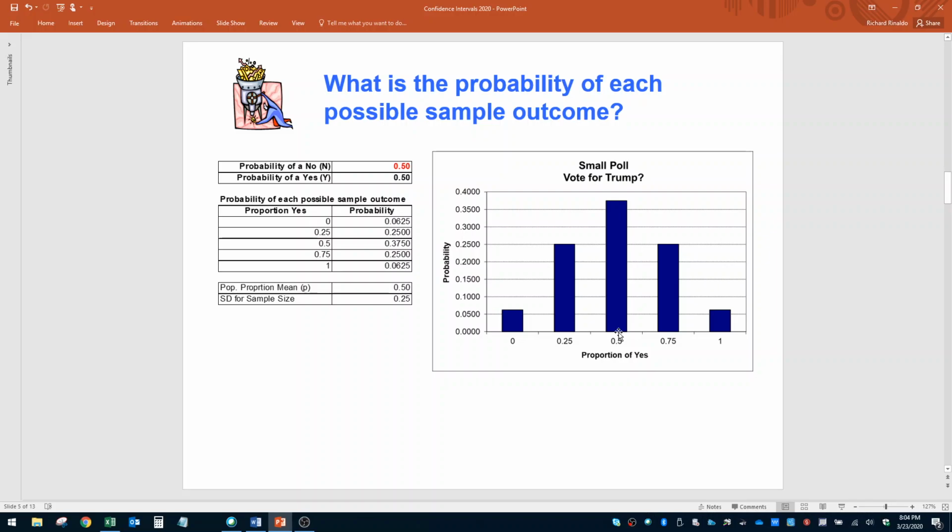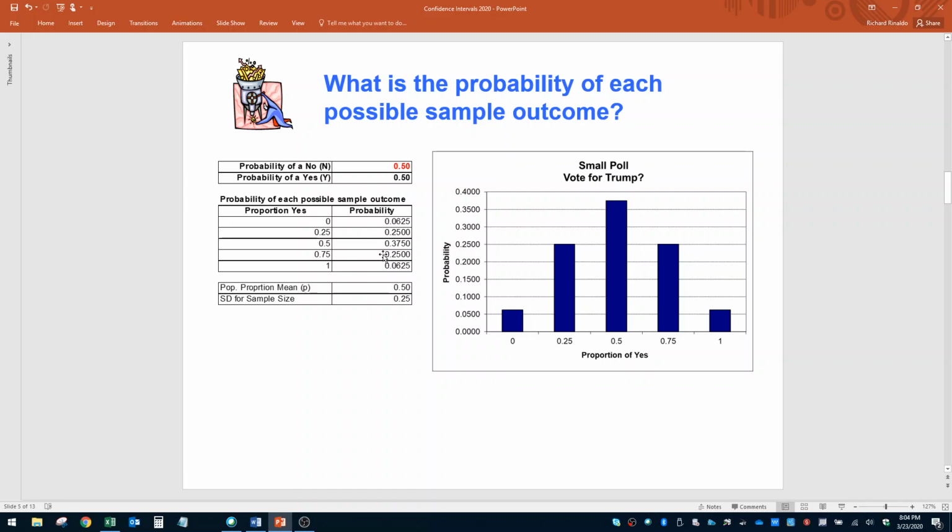So base probability is 0.5, say, and within the population, 50% vote yes, 50% vote no. Proportion yes. All 4 people voting for Trump, there's only one possible outcome, and that is, multiply up that path, 0.0625. There were multiple outcomes, 4 of them, where it was 75%, or 3 out of 4 would vote for Trump.